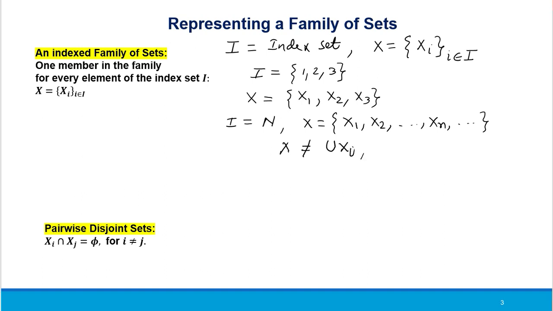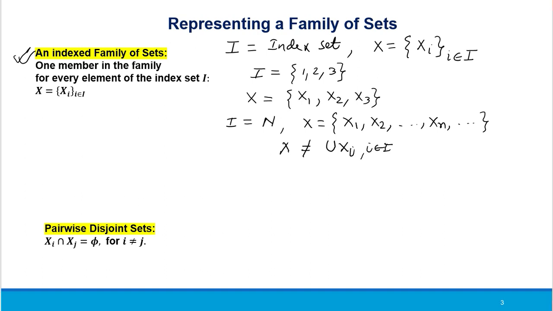This is not the case. So this is not the union. In fact, it is a collection of some sets where every set corresponds to an element present in the index set. So this type of family is known as an indexed family of sets.